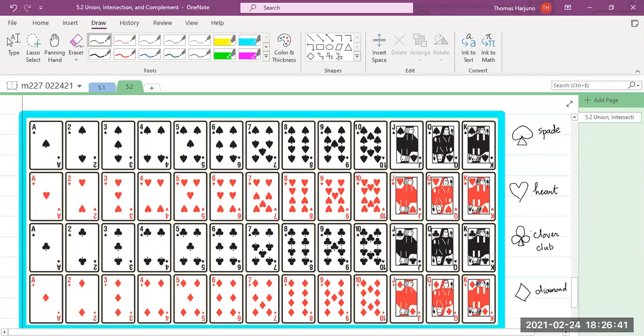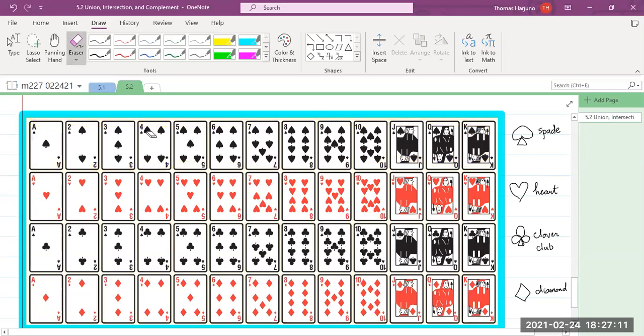Now, each suit consists of 13 cards, from ace, which is also counted as 1, or sometimes 11 when you play blackjack, up to 10, and then jack, queen, king.